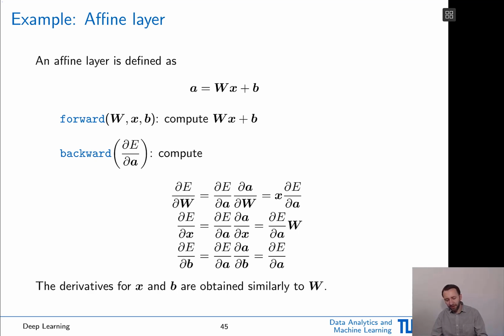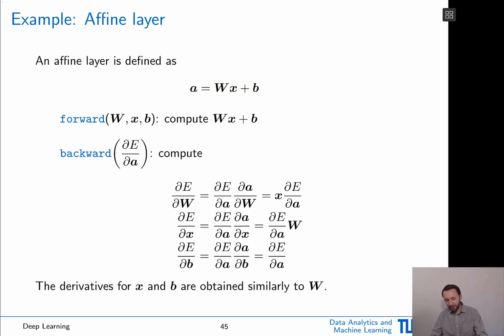Because in general, if we have such a module, right, the module has three inputs, which are this matrix, this vector, and another vector. Okay, so that it has three complex inputs, this module, right? One is the w, one is the x, and one is the b.